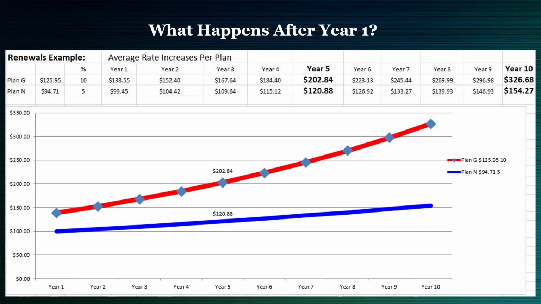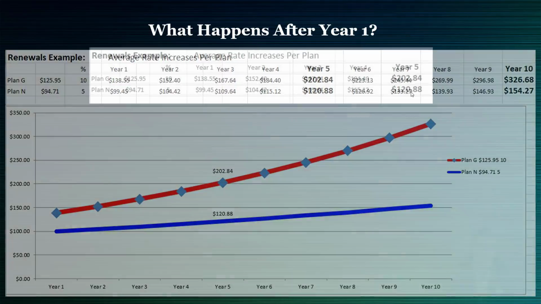As you can see here, I've brought over the premiums from earlier and I've attached a 10% rate increase on Plan G, which is fairly conservative, and a 5% rate increase on Plan N. Now this is a 10-year forecast, as you can see. The premiums and what would be expected if you were to take those rate increases and just constantly keep compounding them year after year without making any type of changes. Let's say, for example, your health didn't allow you to change and you're stuck on that plan.